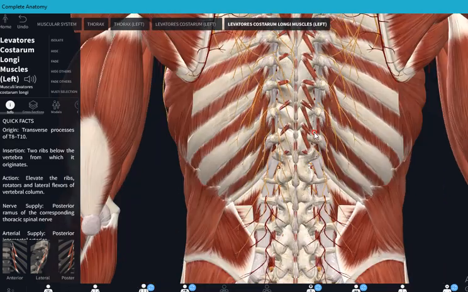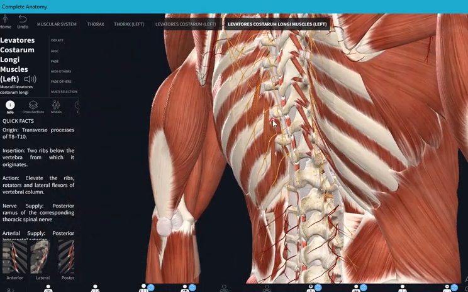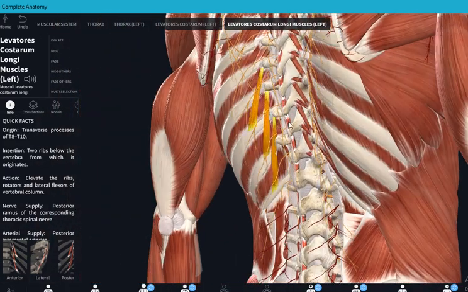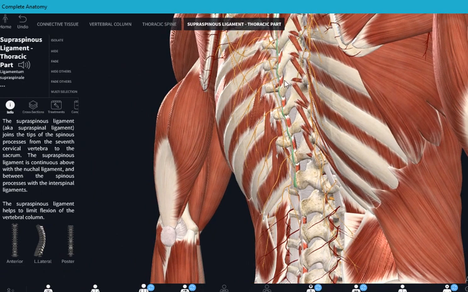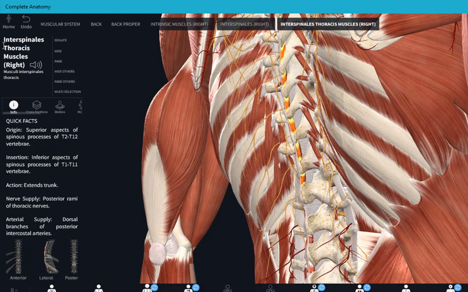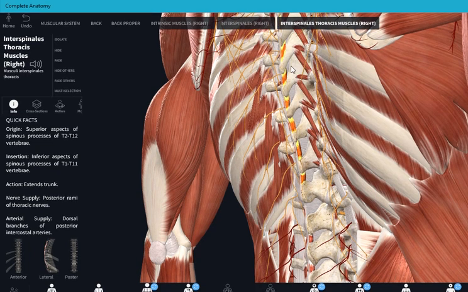So when you have all these muscles, you have a slight muscle again here. This muscle was not set, but it is also very important in stabilizing the vertebral column. This particular muscle is called the interspinalis thoracis, used in stabilizing the vertebral column, and it is found at the posterior part of the nuchal crest.